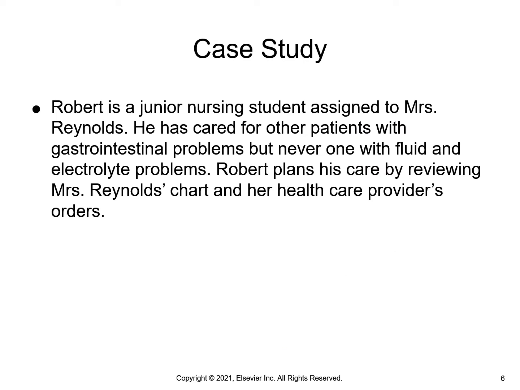What will Robert discover about the patient through their history? The history does reveal that she is at risk for a fluid and electrolyte imbalance from a gastrointestinal disturbance and the continued use of a diuretic.